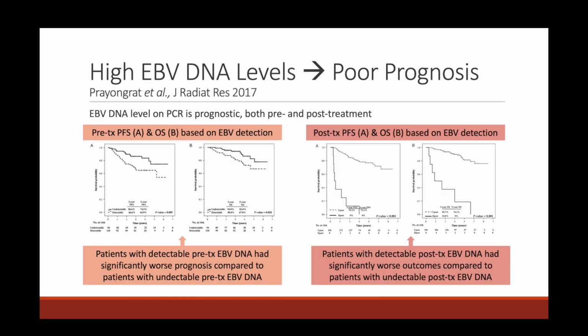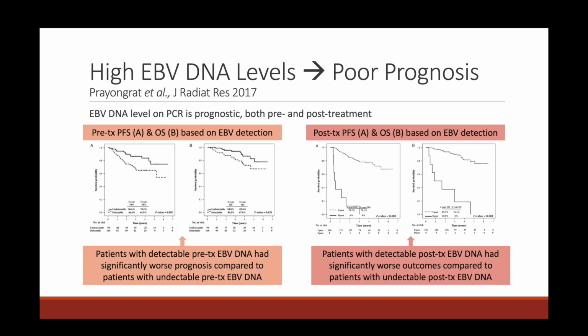There is something that I think is a little bit paradoxical about EBV infection and prognosis, because we just said that WHO type 3, which is the EBV-associated cancer, more prominent in endemic areas, this type of cancer is actually associated with a better overall prognosis compared to the other cancers, right?